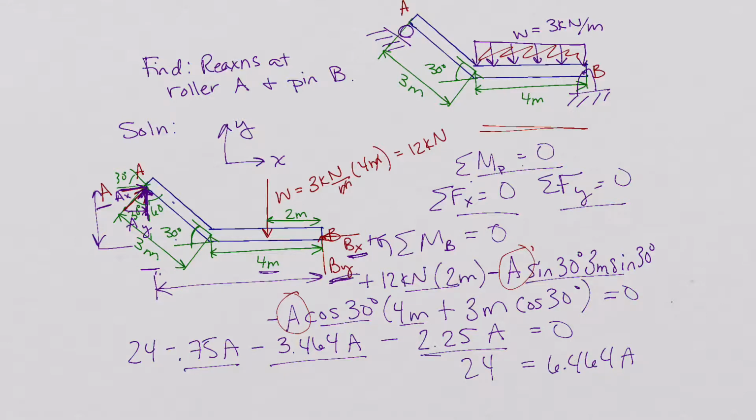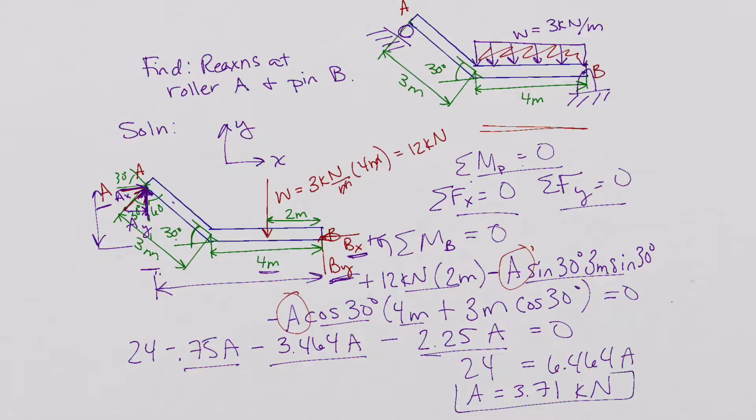Yep, let me check that, that's right, because I sorted it in my head. And then I'm going to figure out what A is. So we get A equal to 3.71, and that would be kilonewtons. Alright, so now we've got A.